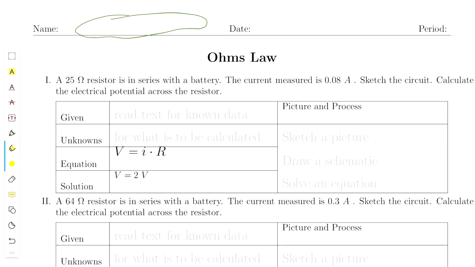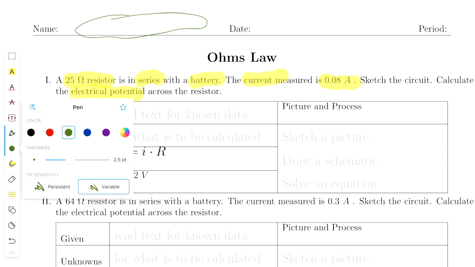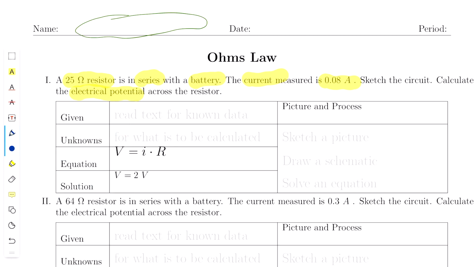Okay, so we have a couple things. We have a resistor. It is in series with a battery. We have a current, and we are asked to calculate electrical potential. So, we have a resistor, which looks like this. We have a battery, which we draw like this.